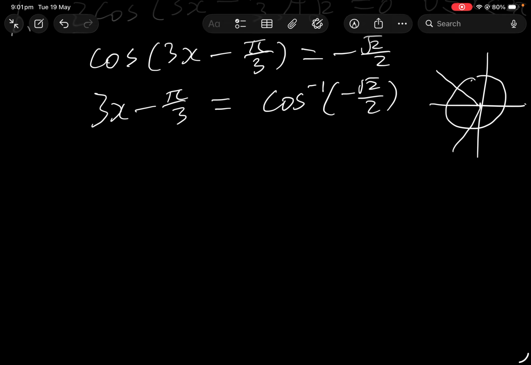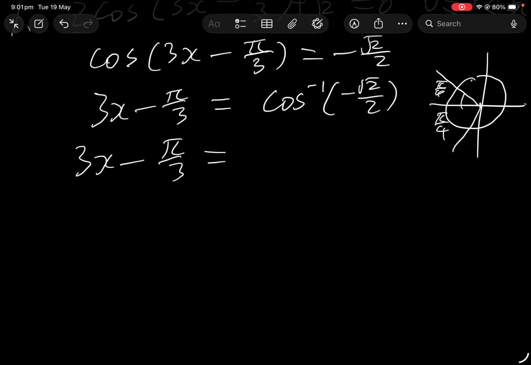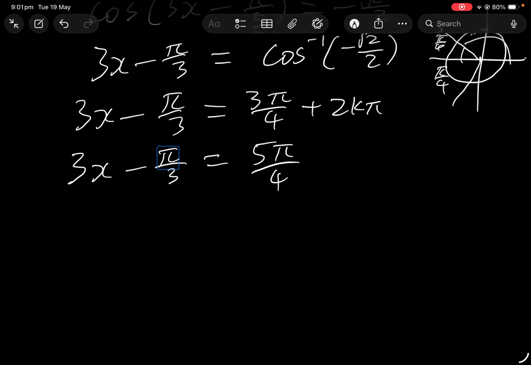So we know that's 45°, which is π/4. So 3x − π/3 equals 3π/4 plus 2kπ, or 3x − π/3 equals 5π/4 plus 2kπ.